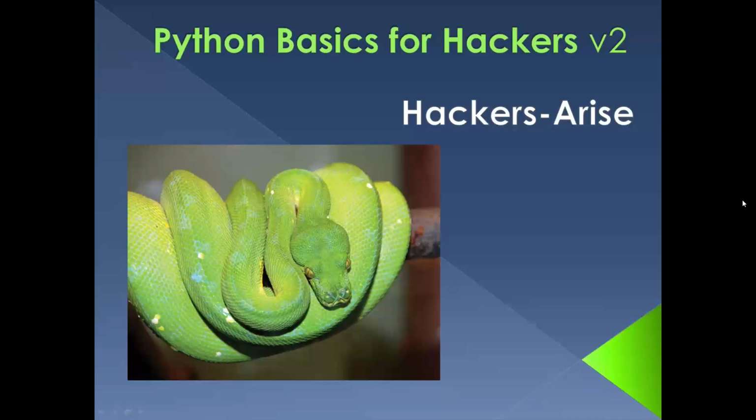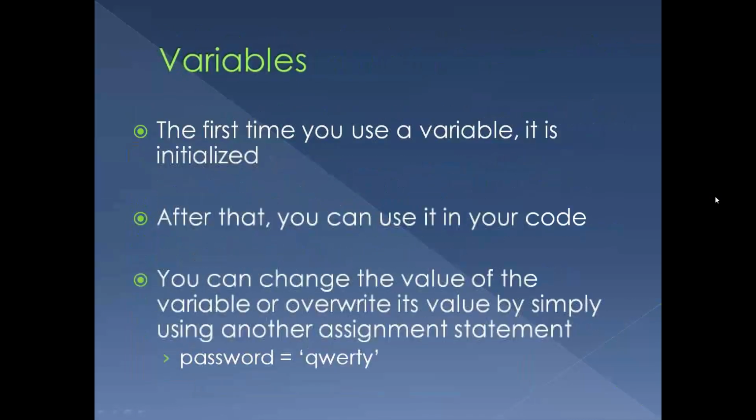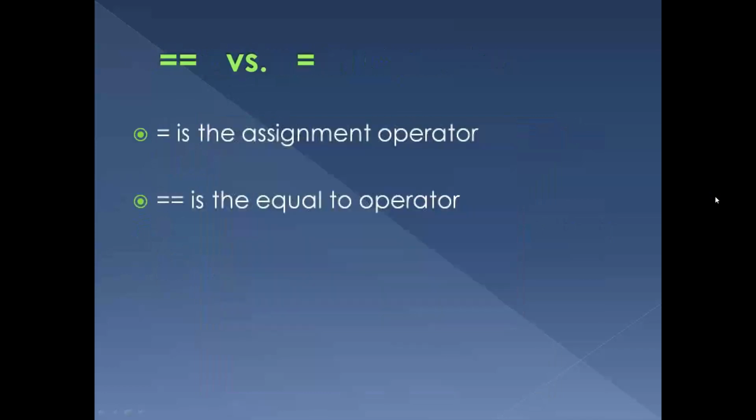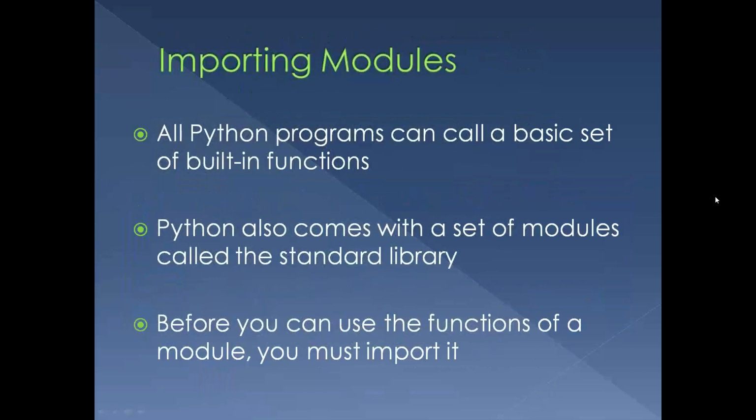Okay, with that having been said, I want to cover a little bit of material, and then we'll get into writing some more scripts. Let's flip through here. We're talking about flow control.